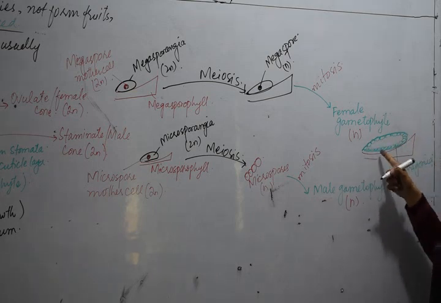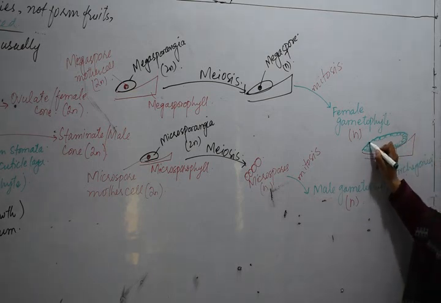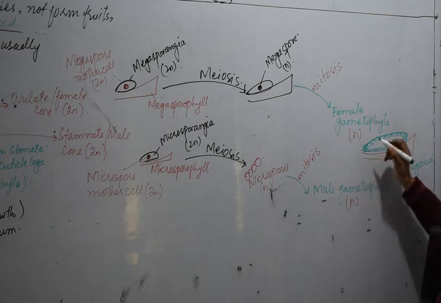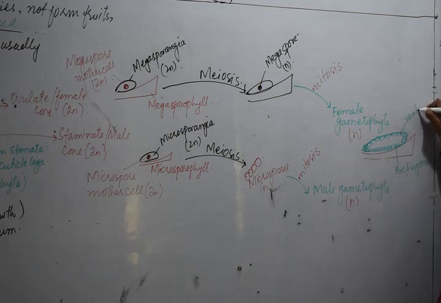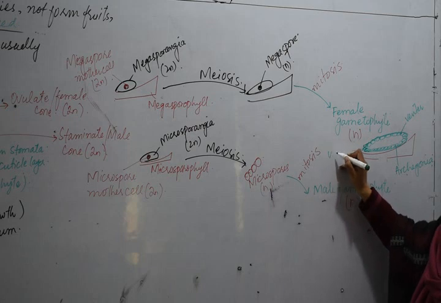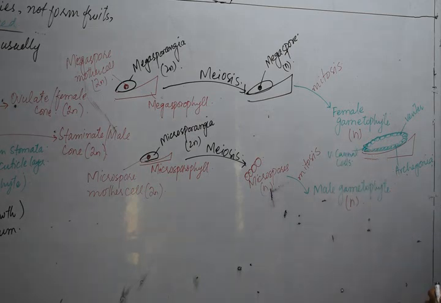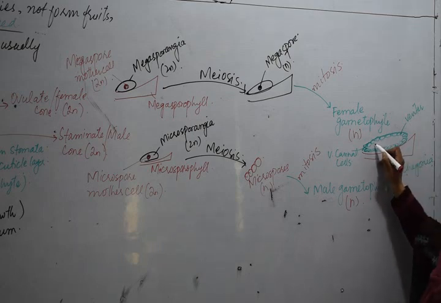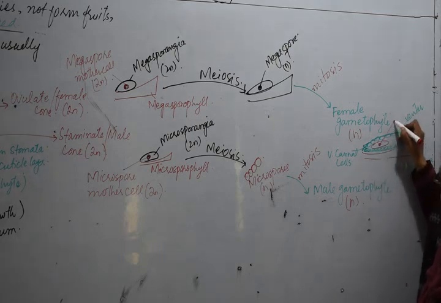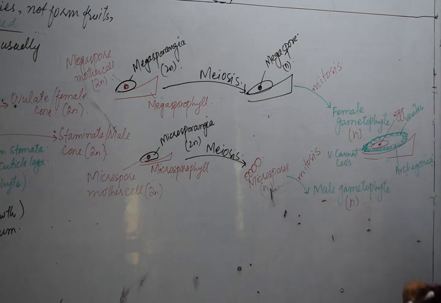This broader portion is called the venter and these cells are called venter canal cells. And inside it contains a larger egg. So when it forms the egg, it means it is a female gametophyte.